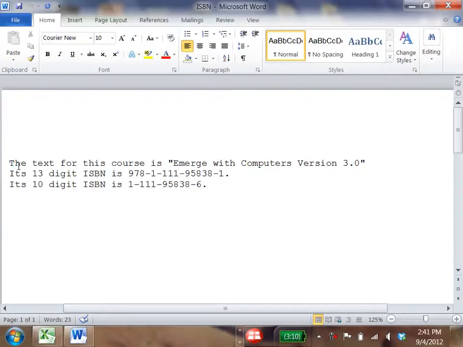I've already told you the text for this course is Emerge with Computers, version 3.0. And this is its 13-digit ISBN. This is its 10-digit ISBN. And you can get that over at the bookstore. But there's also this. I tried to look it up on the internet before, but didn't find it. But it looks like this, like that.